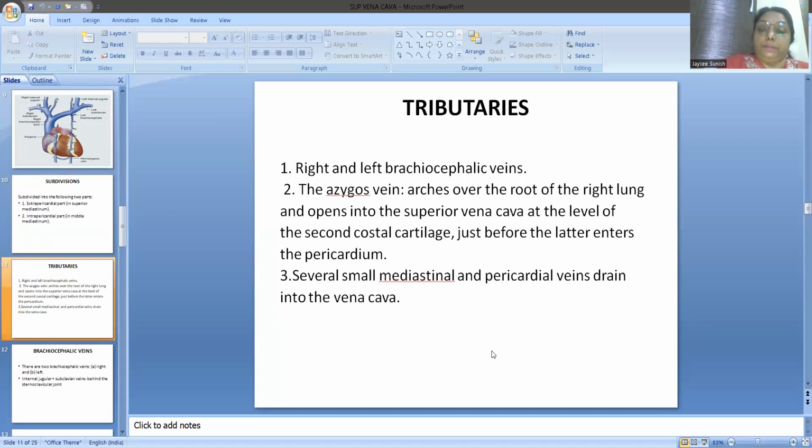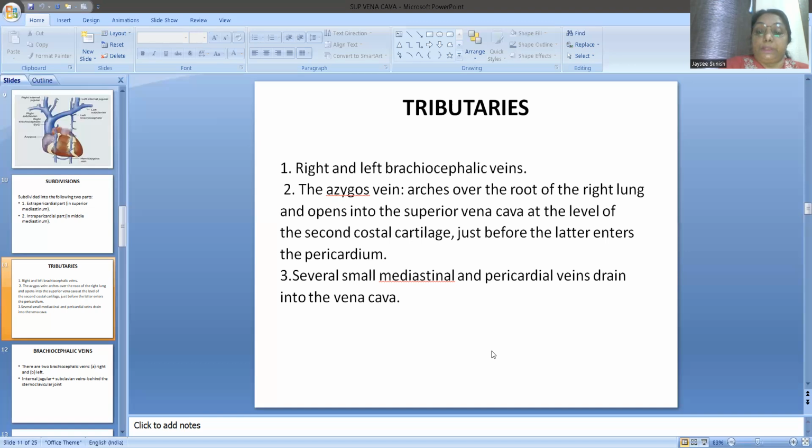The right and left brachiocephalic veins are the first tributaries of the superior vena cava, as the superior vena cava is formed by the right and left brachiocephalic veins. Second is the azygous vein. The azygous vein arches over the root of the right lung and opens into the superior vena cava at the level of the second costal cartilage, just before the latter enters the pericardium.